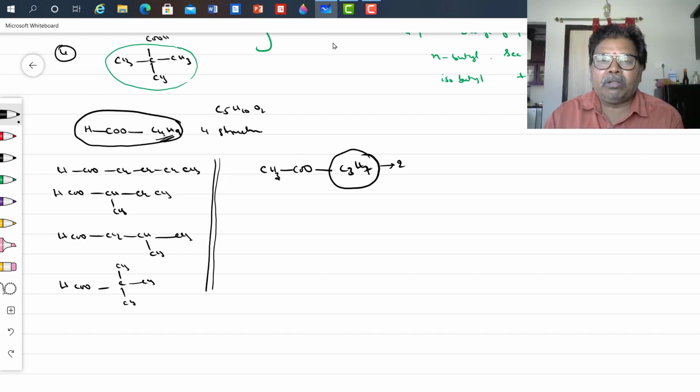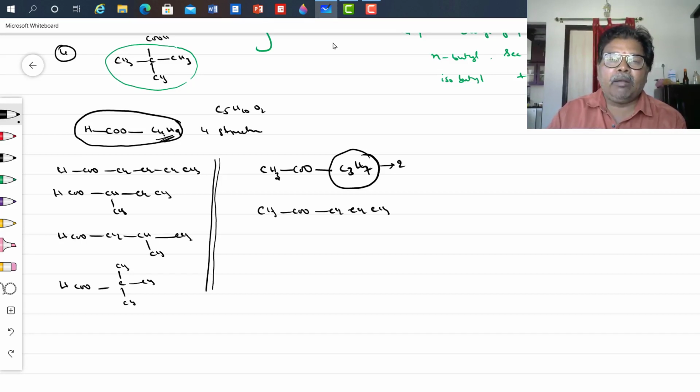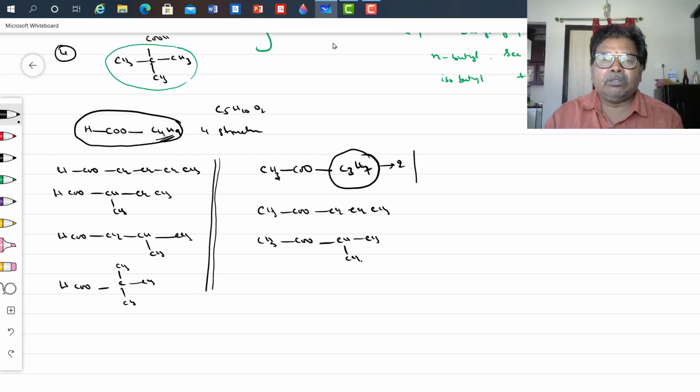So put the n-propyl group and the isopropyl group, and you will get 2 structures. CH3COOCH2CH2CH3 is n-propyl acetate. CH3COOCH(CH3)CH3 is the other. So how many structures did we get? 2 structures.